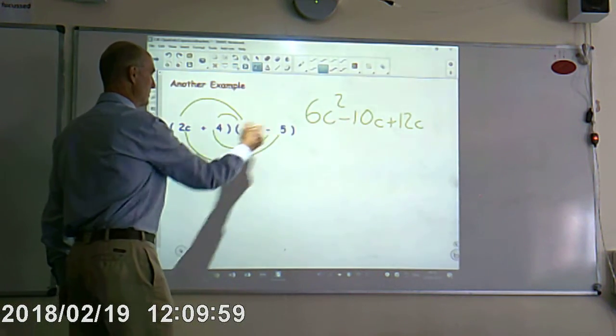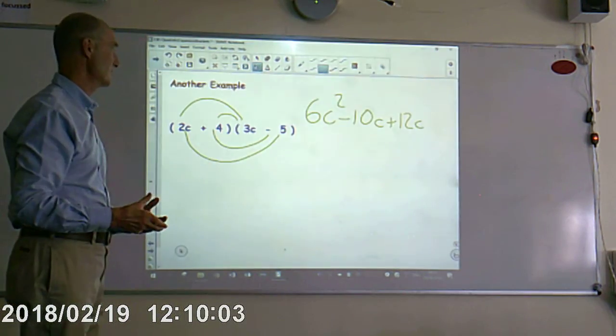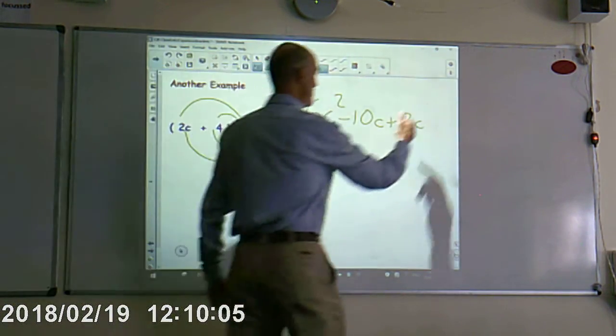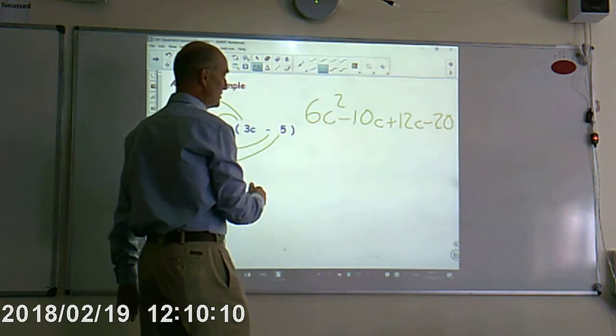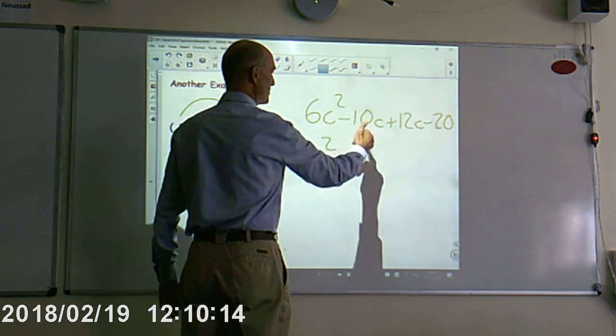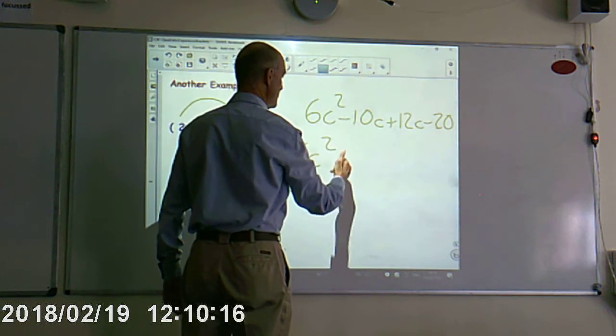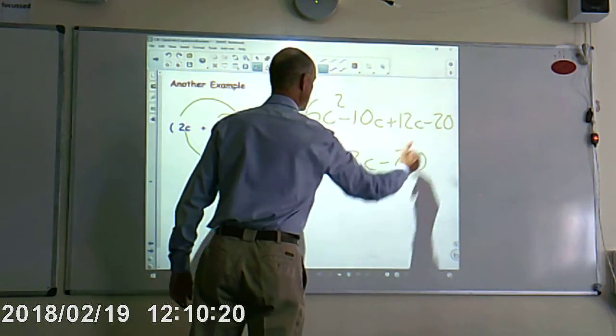Last terms, positive 4 and a negative 3, a positive multiplied by a negative gives us a negative result, so minus 20. Can we simplify that a little bit? 6c squared, got a minus 10c, a plus 12c, so altogether we've got plus 2c, and then we've got a minus 20.